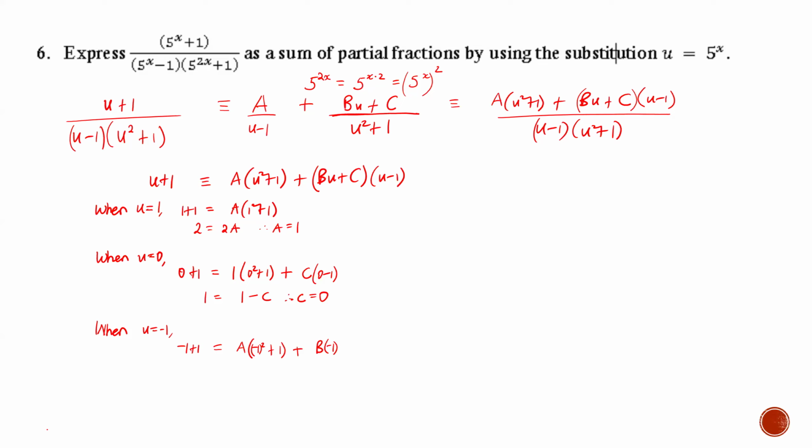My a is 1, my c is 0, so I can substitute for those, and then times -1 minus 1. So here I'm going to have a 0, here a 2, and here a 2b. Therefore, my b is going to be -1.